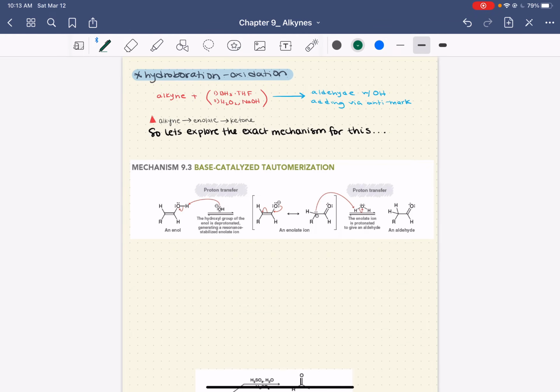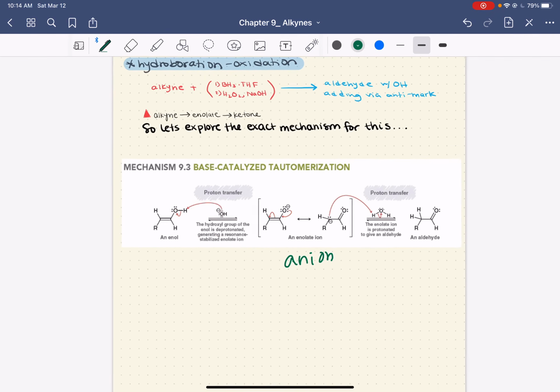And notice that the order of events under base-catalyzed conditions, and we're going to look at this mechanism in a second, is the reverse of the order under acid-catalyzed conditions. That is, the enol is first deprotonated, and the deprotonation of the enol leads to this resonance-stabilized anion. For base conditions, our intermediate is going to be an anion, not a cation like in acid-catalyzed. You're going to form this enolate ion that is then protonated to generate your aldehyde.